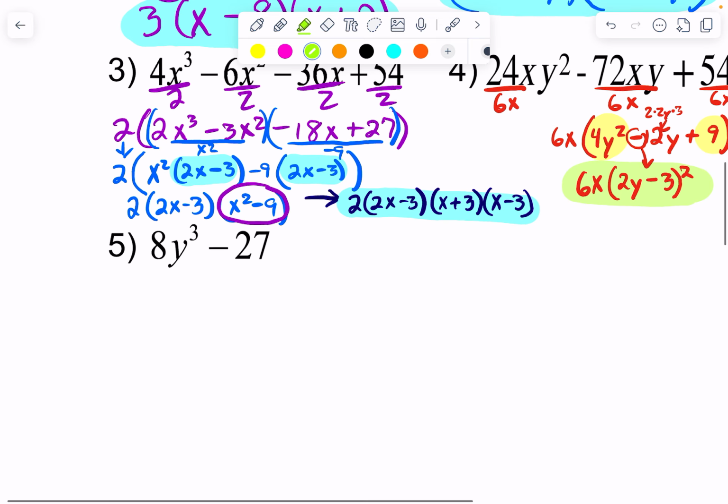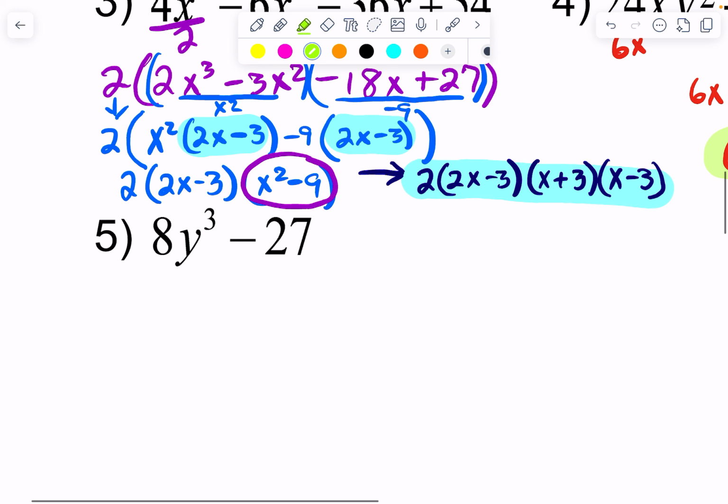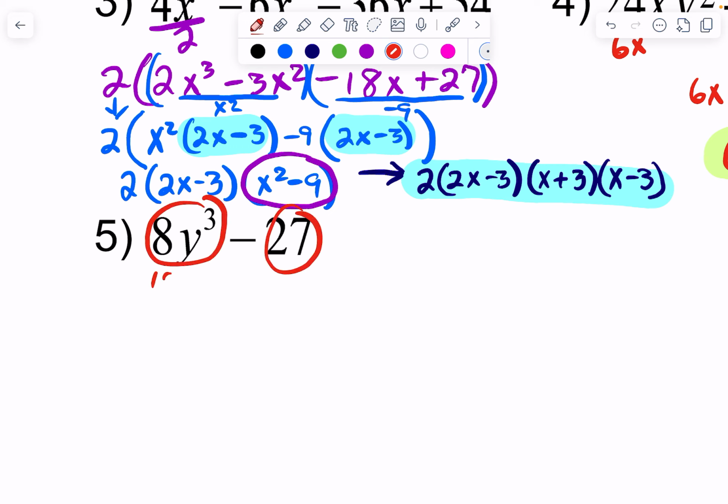All right. And last but not least, I've got a binomial here. I don't have any GCFs, but I do have a perfect cube minus a perfect cube. That's my first term. That's my second term. They're both perfect cubes. So I'm going to go ahead and use the difference of cubes formula.